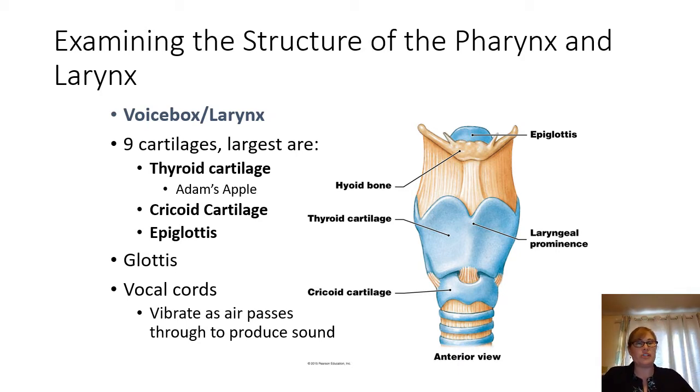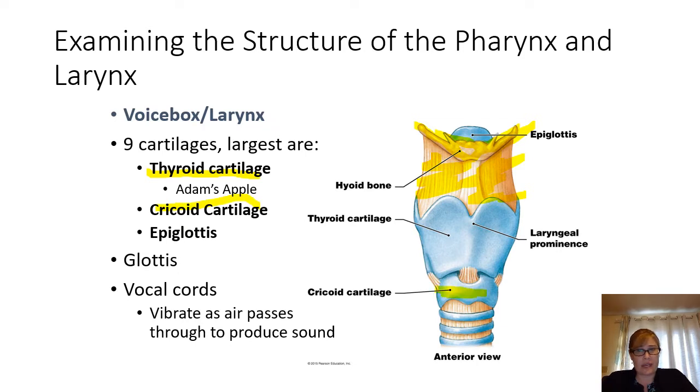I'm sorry, I apologize. All right, and so we have our hyoid bone right here. And then we have a lot of ligamentous material. And then we have 9 cartilages. Thyroid cartilage and cricoid cartilage are the 2 that you're the most responsible for.